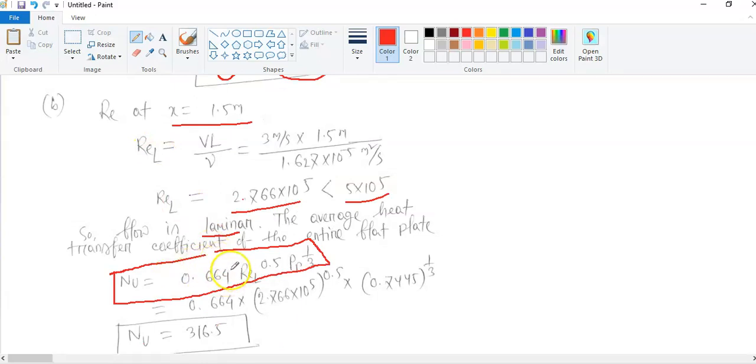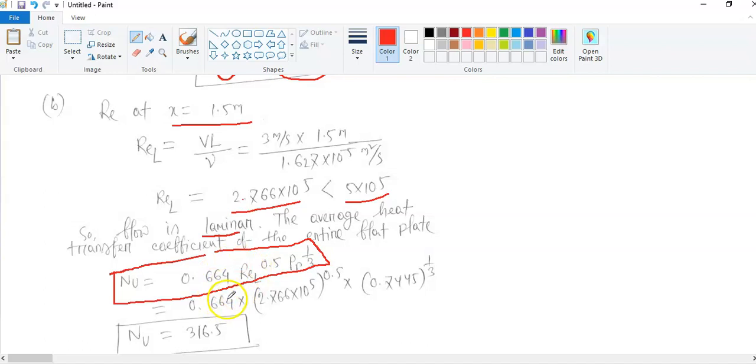This is the average Nusselt number for the entire plate. For the average Nusselt number, we have different correlations. So that's why we're using this correlation here. And I believe now you understand why I'm using this one.